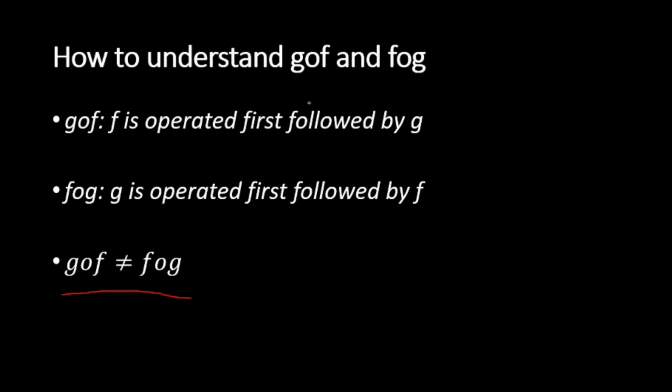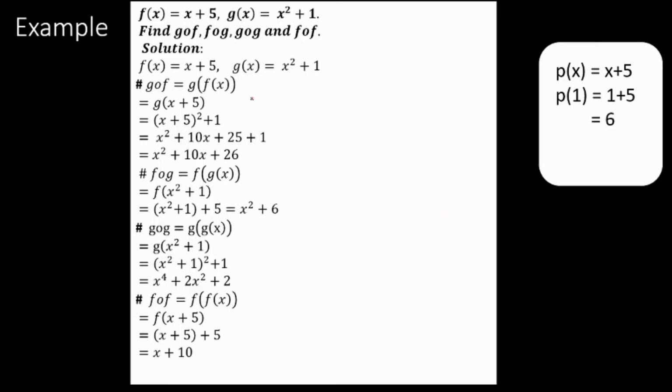When it is gof, g is applied on f, that is, f is operated first and then you operate g. When it is fog, g is operated first, followed by the function f. Let's take a simple example, then you'll understand more.